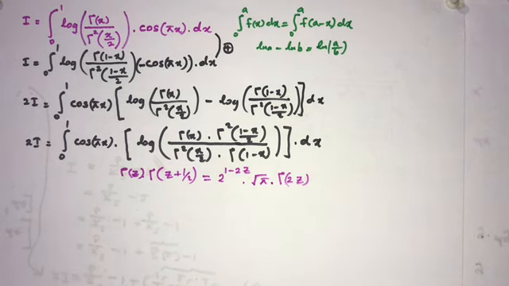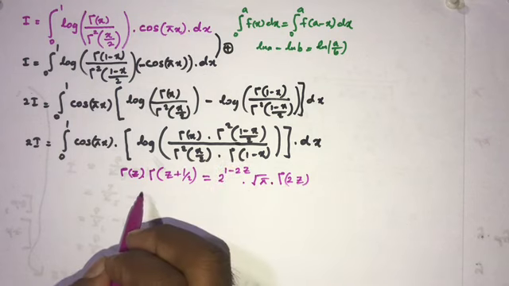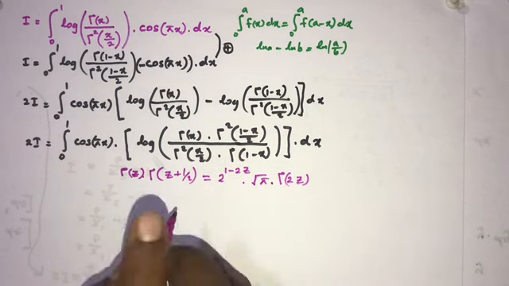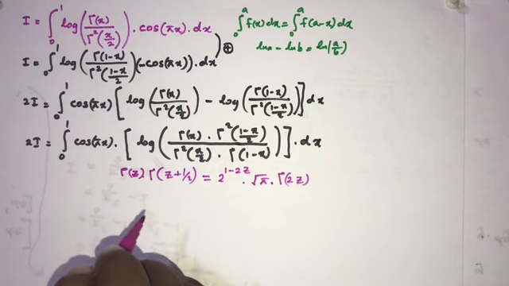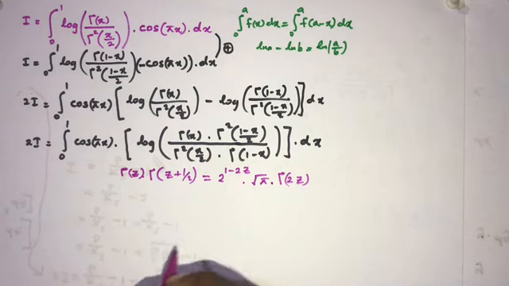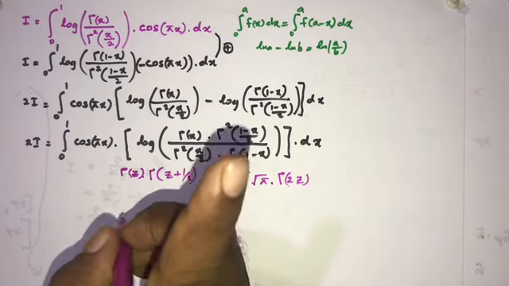Okay, in a previous video we proved this duplication formula. If you would like to watch that video, I will add the link in the description and also make a card.